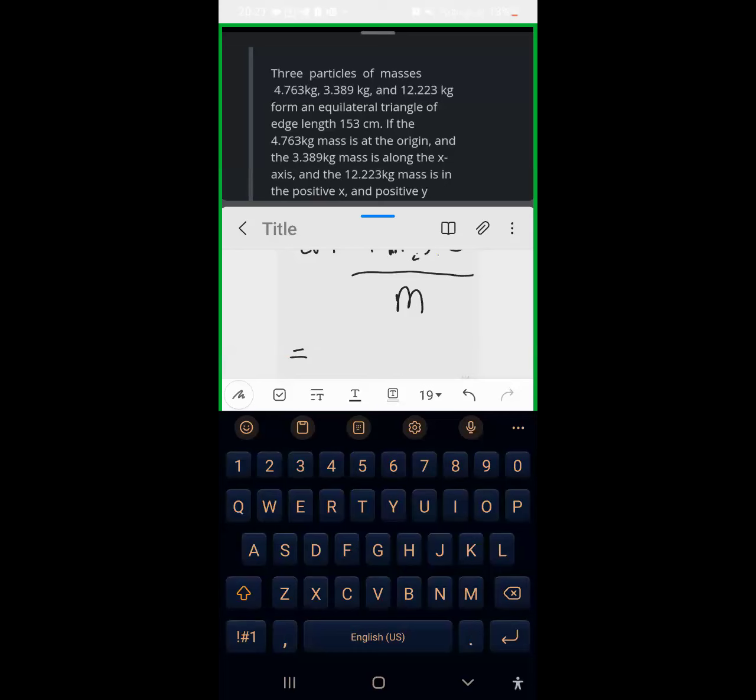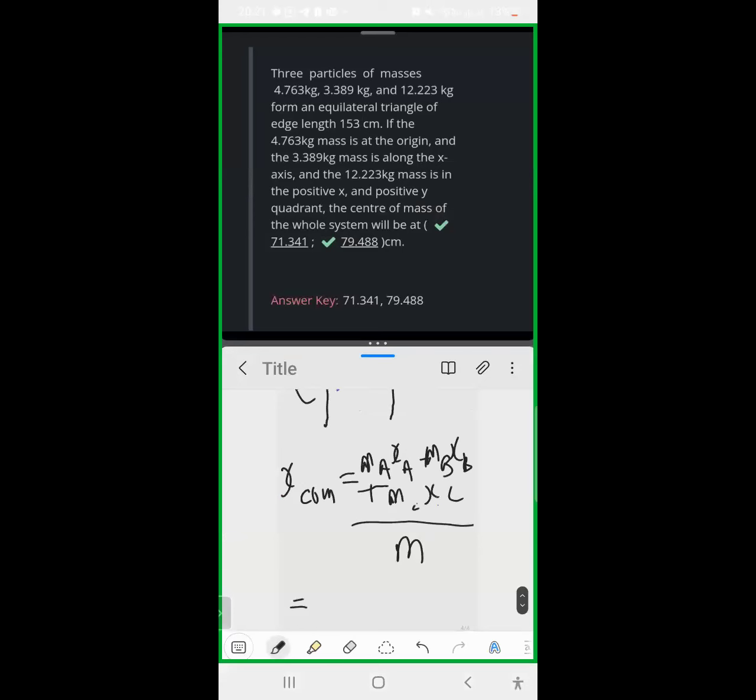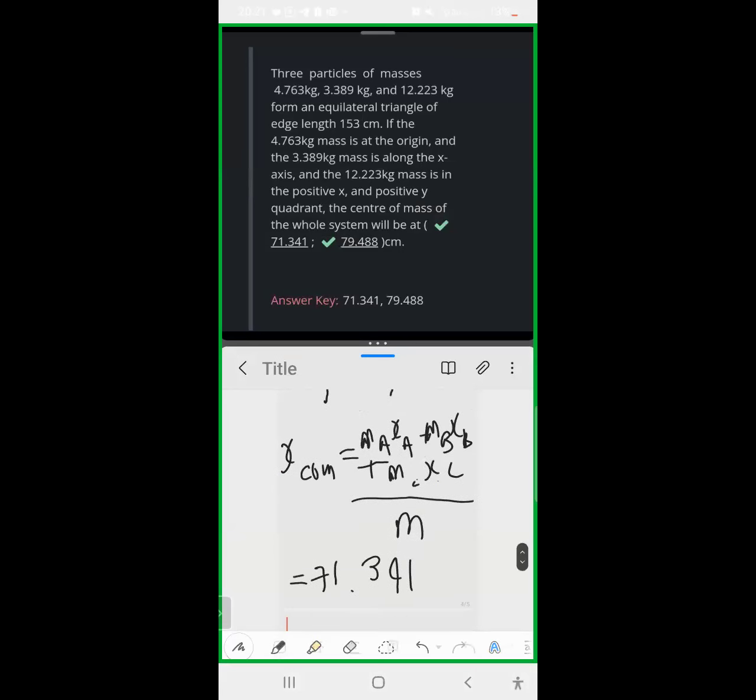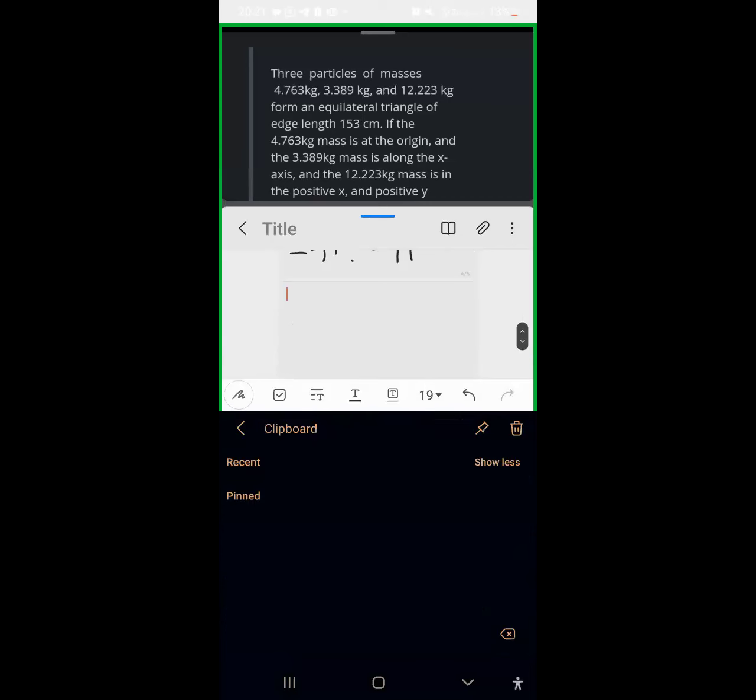Then this gives me 71.341. That is the x center of mass. Then we do the same with the y center of mass.